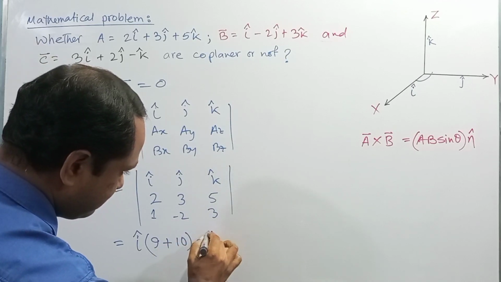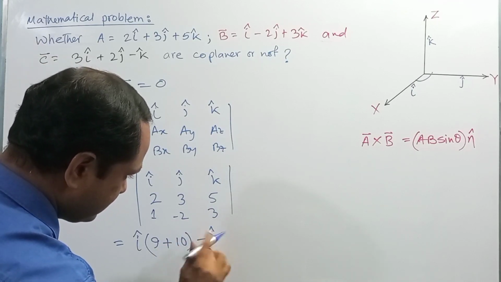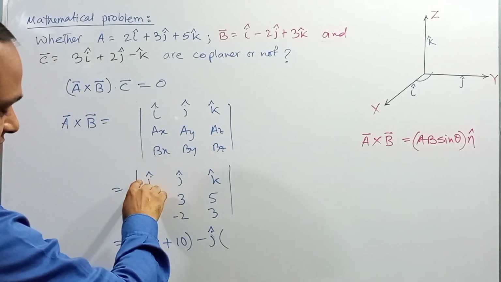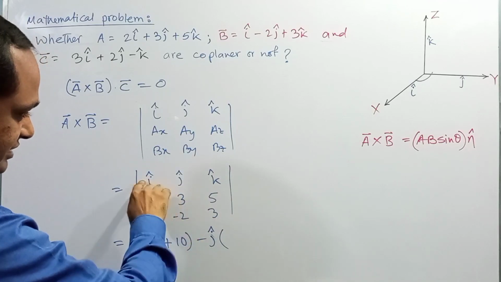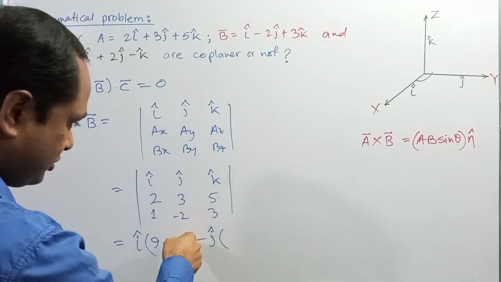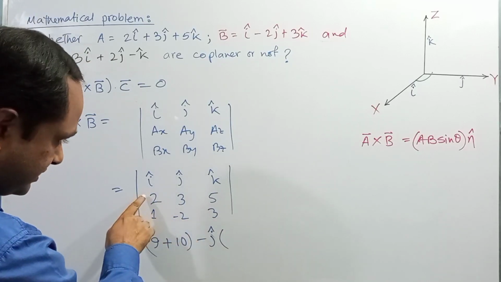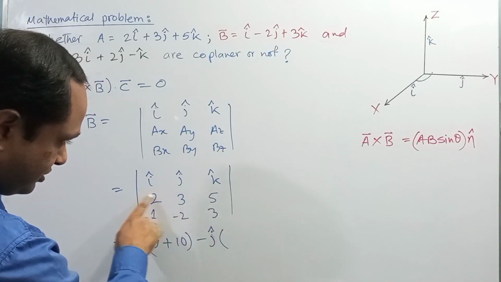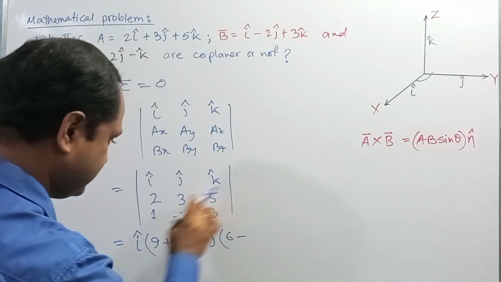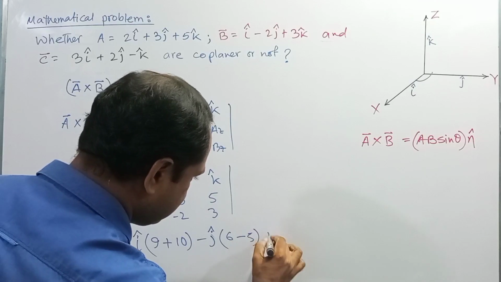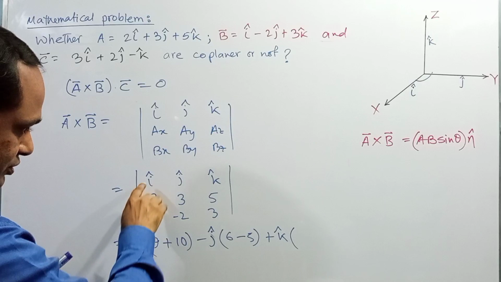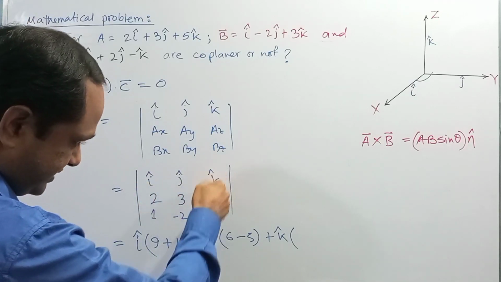Then you will get minus j into, then you omit the row and column associated with j. Here you multiply 2 with 3, this component with this component, so it gives 6 minus 5. Plus k. Here we omit this row and this column.